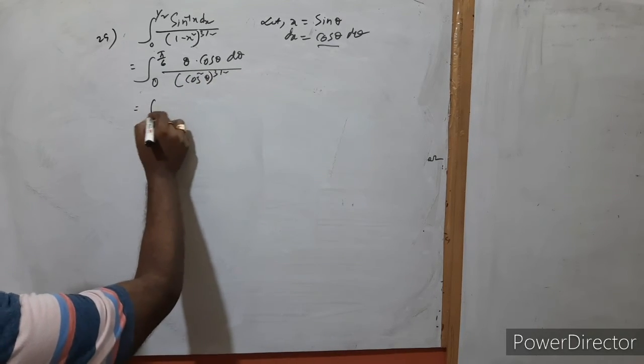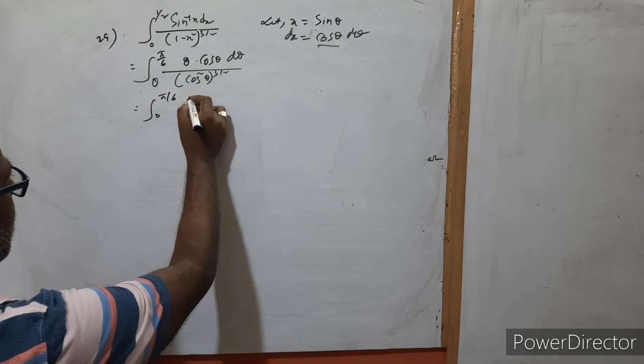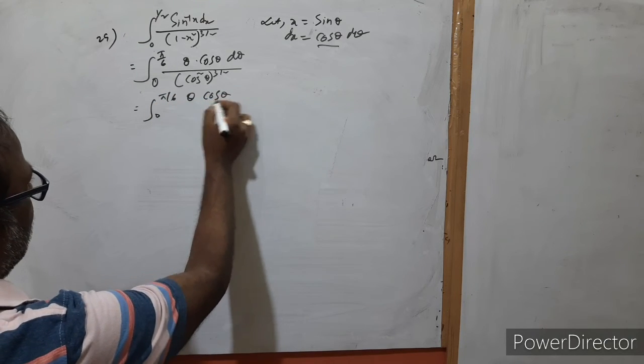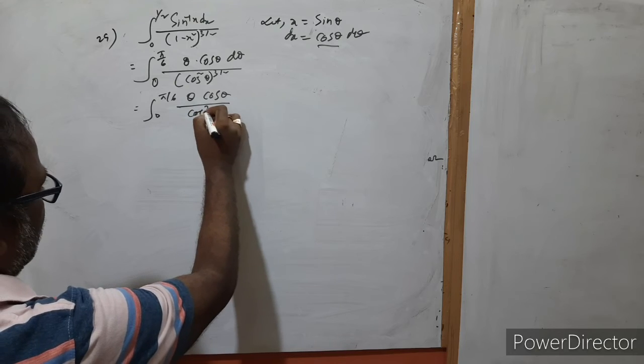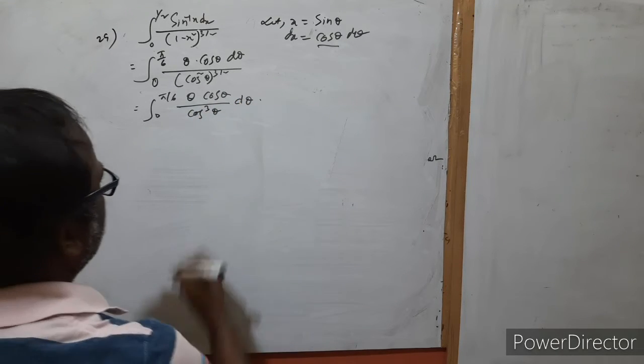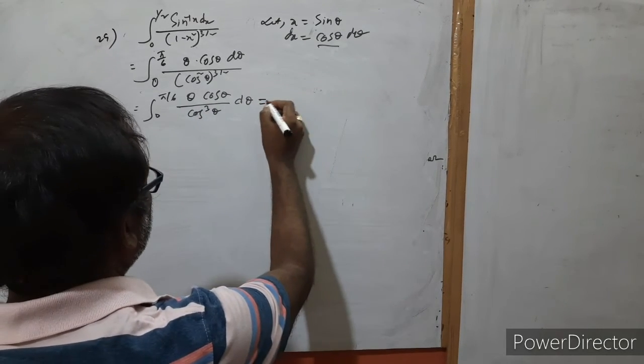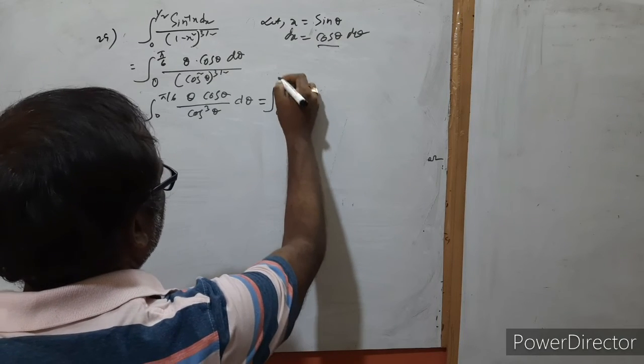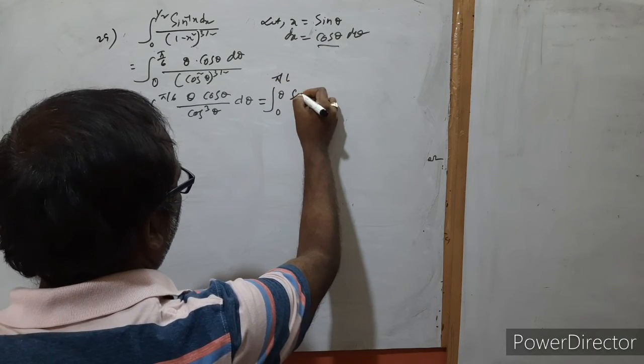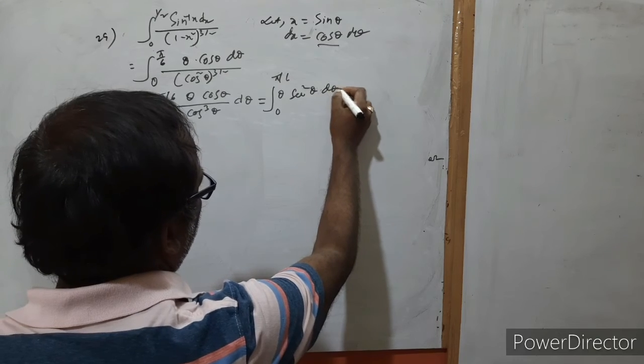This is equal to the integral from 0 to pi by 6 of theta sec square theta d theta.